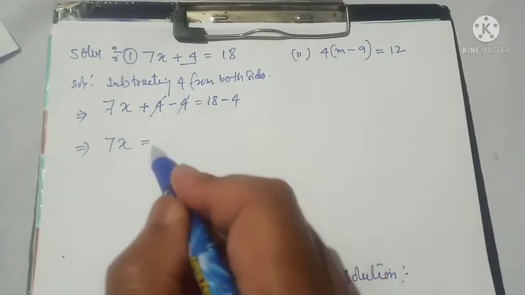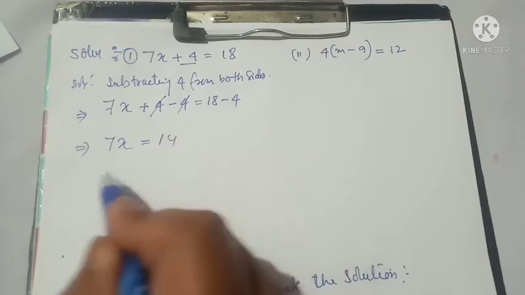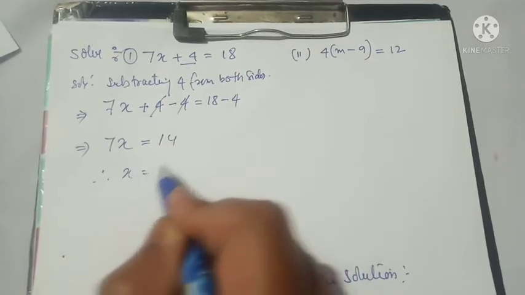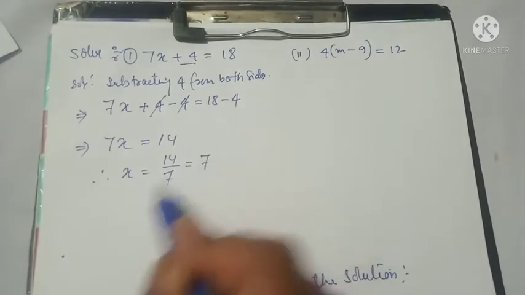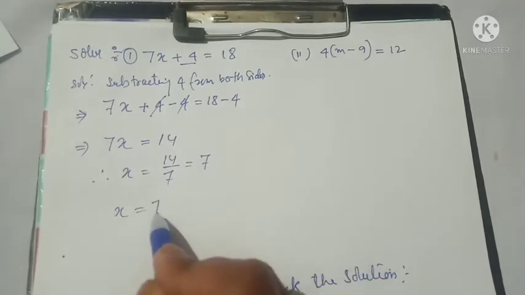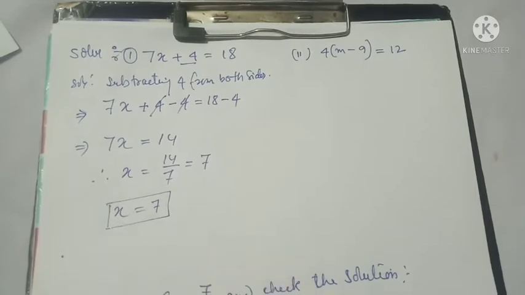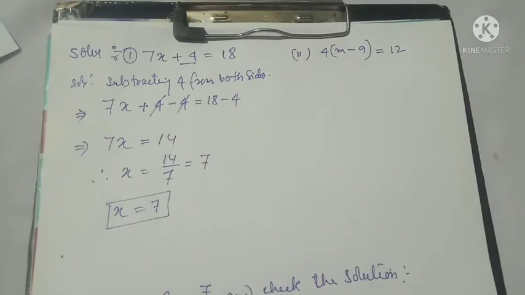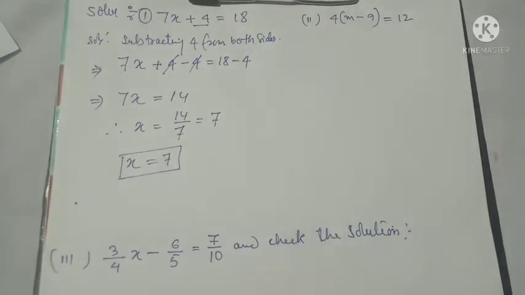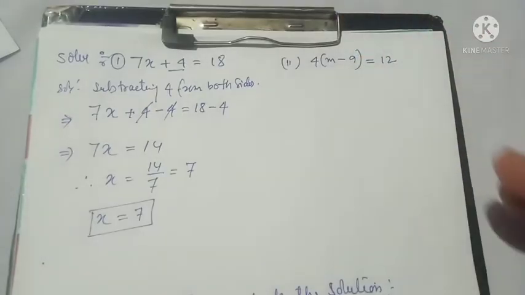This 18 minus 4 is equal to 14. Now the value of x is equal to 14 by 7. The answer is 2. So the value of x is 7. 7 is the answer to make the equality between the left hand side and the right hand side. In question number 3, we will check the answer also, whether the answer is correct or not. How to check the answer, we will discuss in question number 3.